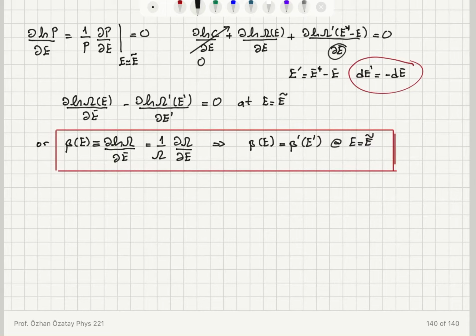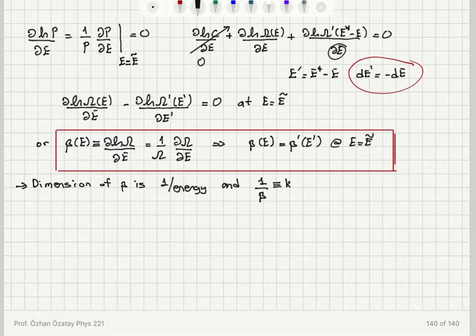Now you can see that beta is a derivative of the natural logarithm of the number of accessible states with respect to energy. So what is the dimension of beta? With this definition I find that the dimension of beta is 1 over energy, and I'm going to call 1 over beta some energy.